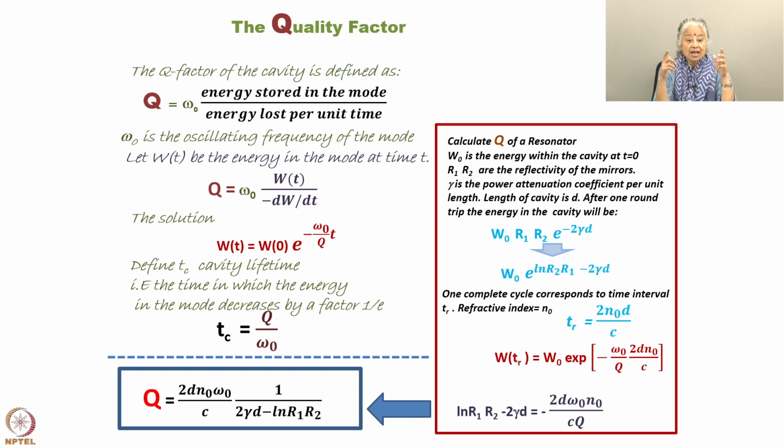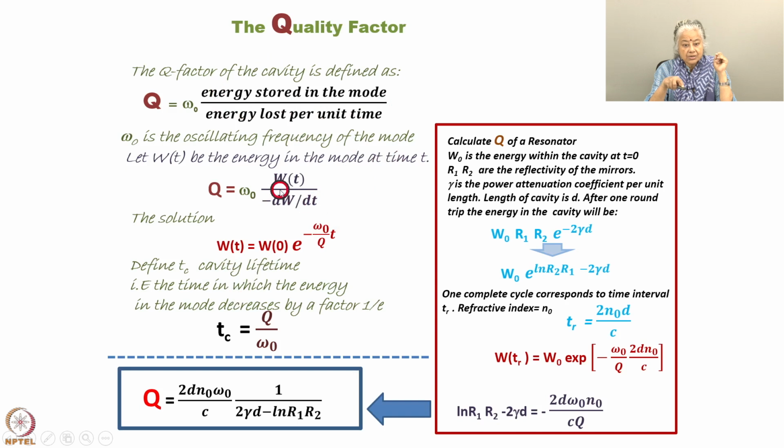Okay. So, we described earlier a quantity which talks in terms of these losses. Putting it in mathematical terms, I can say Q is equal to omega 0 times W(t), the energy in the mode at time t, that is the energy stored in the mode, divided by the energy lost per unit time, dW by dt.